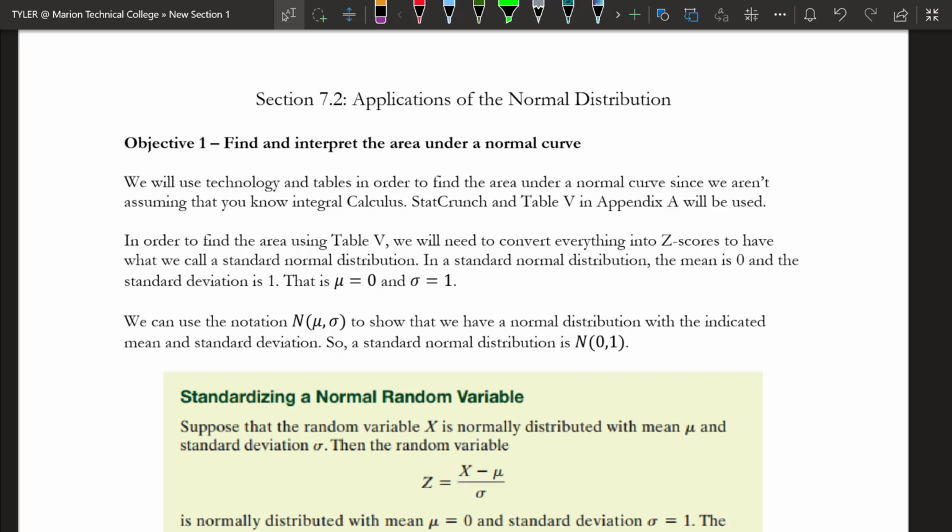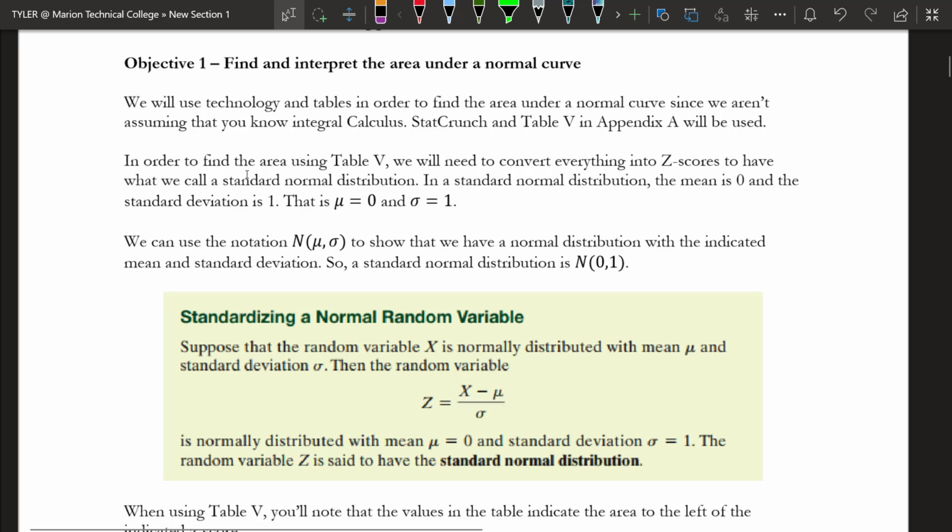I'm assuming in this class that you have a decent understanding of algebra, not necessarily that you have taken calculus. So what we'll be doing is using StatCrunch or a table in order to find that area under the curve. When you're using the table in the textbook, it's Table 5 in Appendix A, you'll notice that we're going to have to convert everything into z-scores.